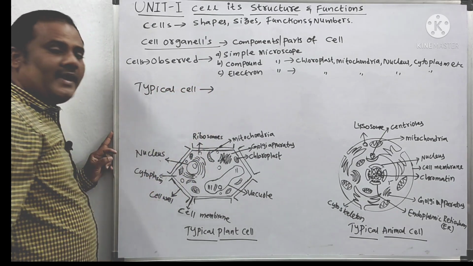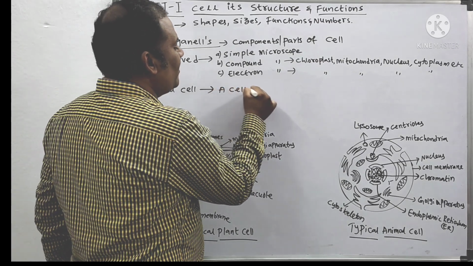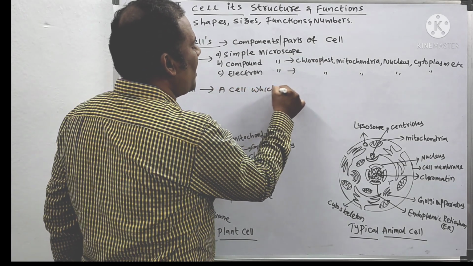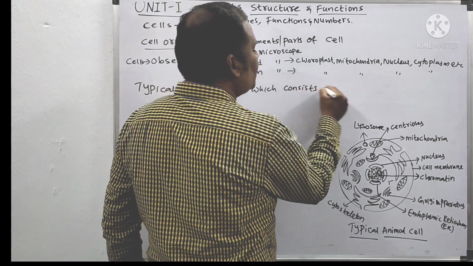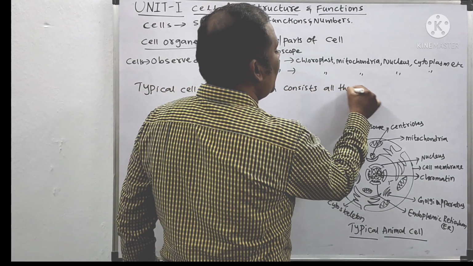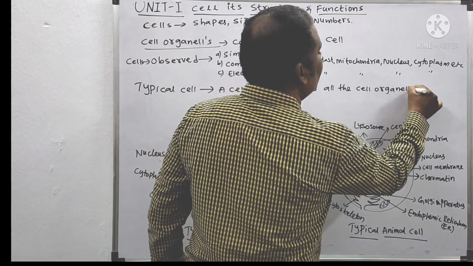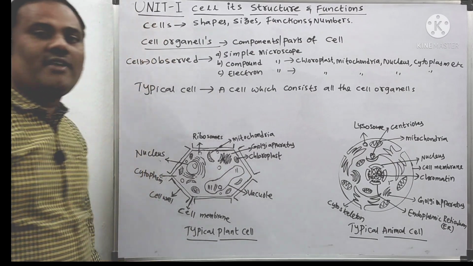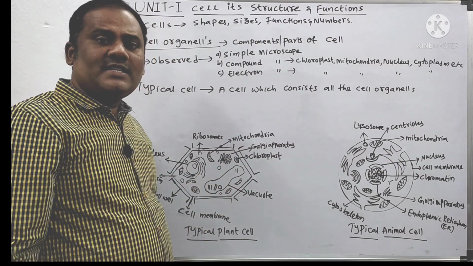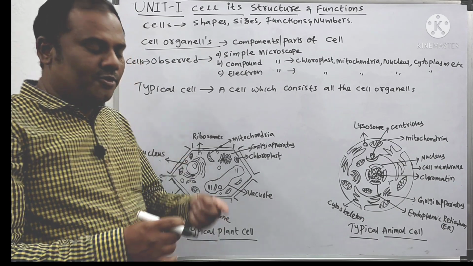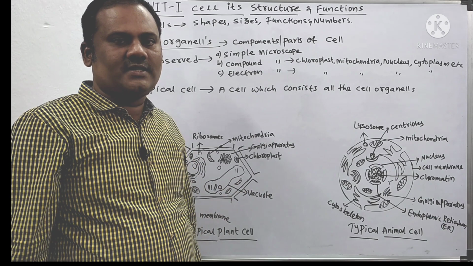If you want to study any cell, we have to first discuss a typical cell. A typical cell is a cell which consists of all the cell organelles. For example, take a plant cell. In a cell from the roots, all the cell organelles are not present.